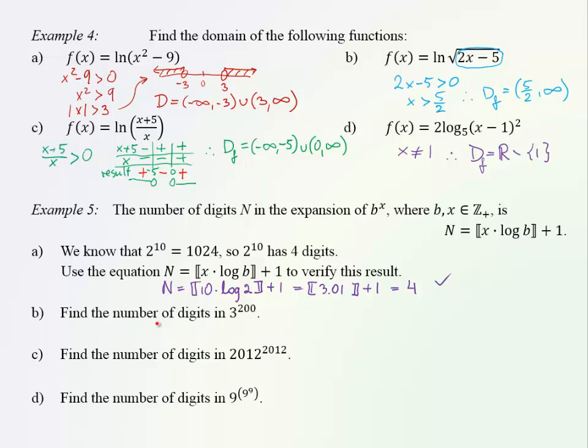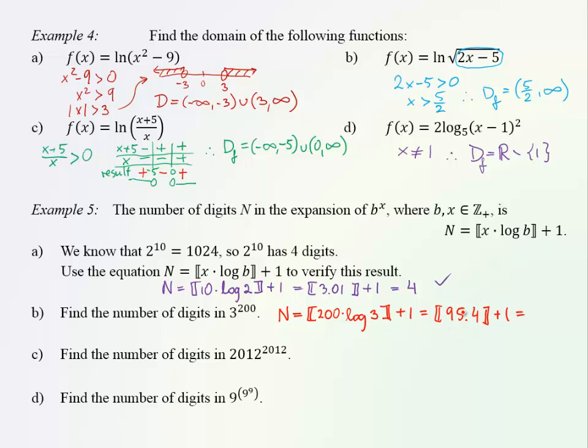Then using this formula, find the number of digits in 3 to the 200. Okay, so what should we do? The number of digits is the greatest integer of the exponent, which is 200, times log of the base, 3, and then add 1. Okay, when you calculate this using your calculator, it turns out to be approximately 95.4 and something else. Okay, plus 1.